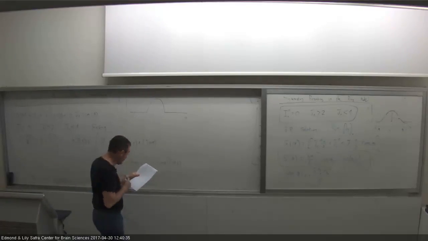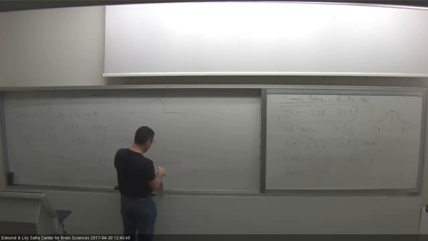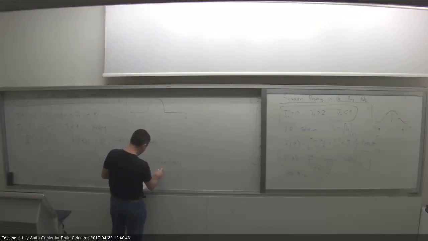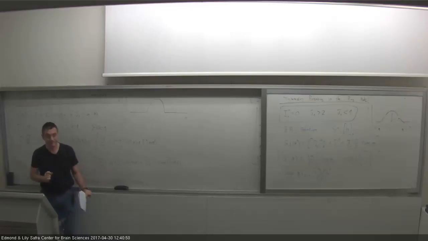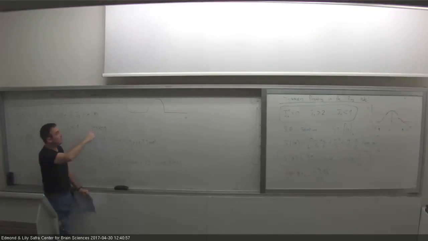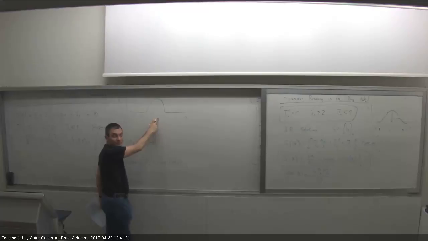Now let's try and understand what will be the contribution of this term. What will be the contribution of this term to the bump? So remember, this function corresponds to the activity of different neurons.